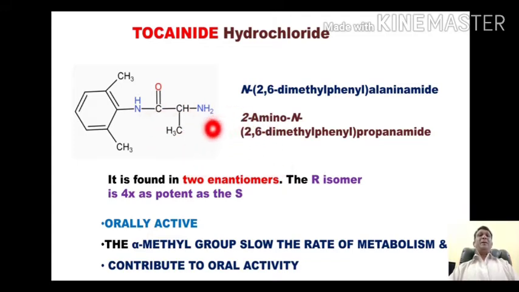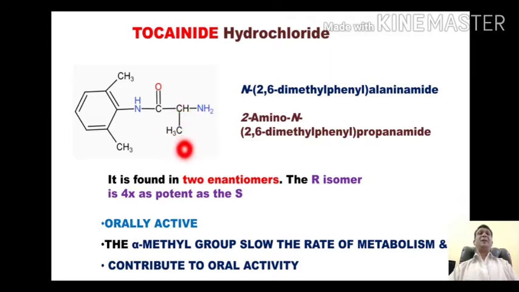For IUPAC nomenclature, we will select this long carbon chain. So this will be position number 1, this is 2 and this will be 3. On 2 we have an amino group, so it is 2-amino. On nitrogen we have 2,6 dimethyl phenyl followed by the name propanamide. Now dear students, if you look at the structure carefully, you will find this carbon being a chiral carbon because it is attached with 4 different groups, 1, 2, 3 and the 4th one is hydrogen.